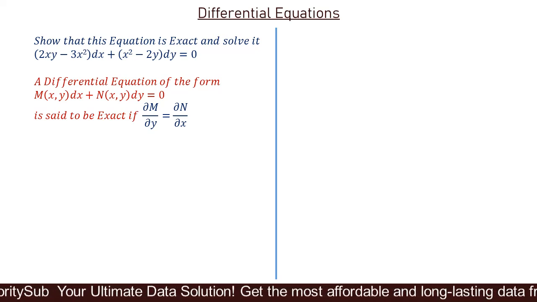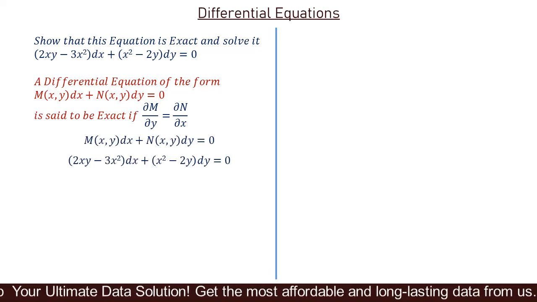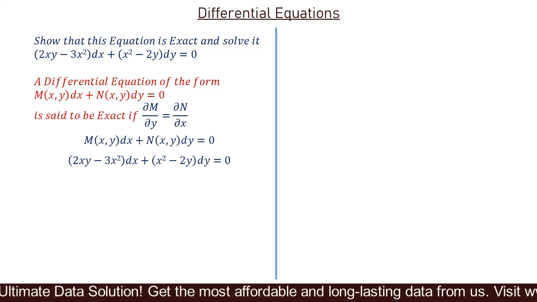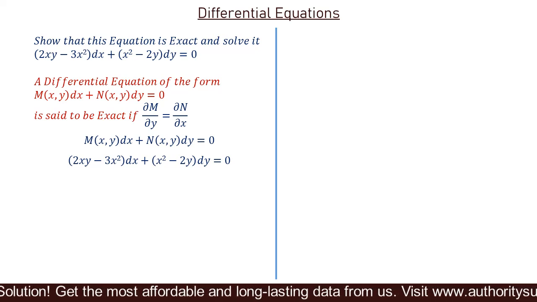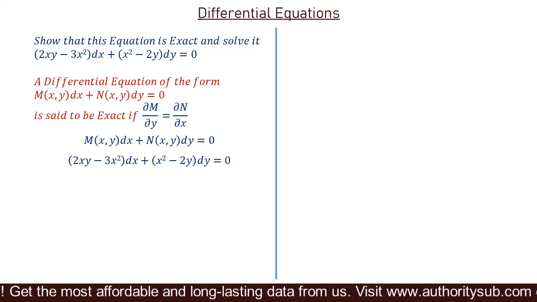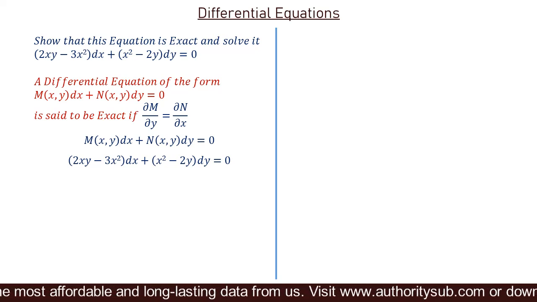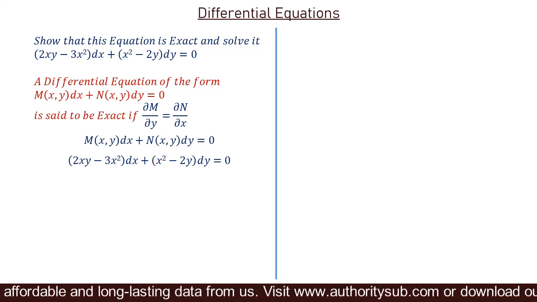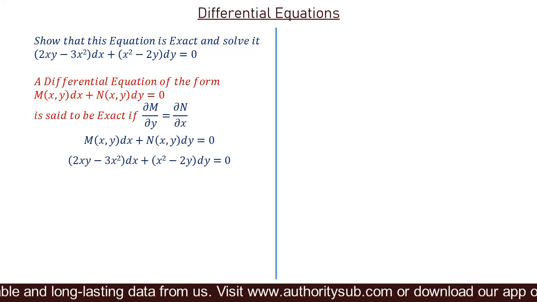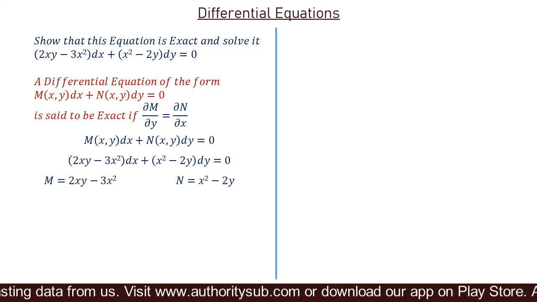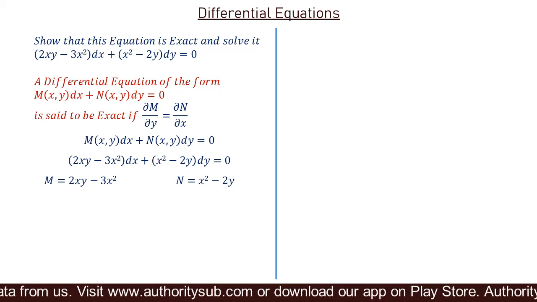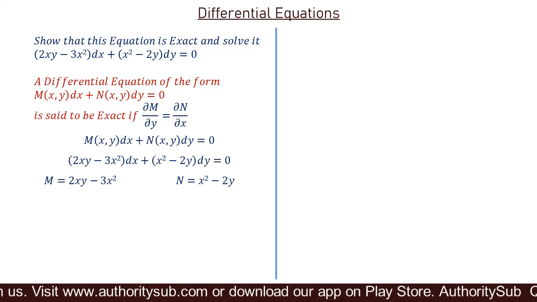Now in this our equation, we have (2xy - 3x^2) dx + (x^2 - 2y) dy = 0. The part that is having dx, let's call it the letter M. So that means we have M = 2xy - 3x^2. This is the part that is having the x.